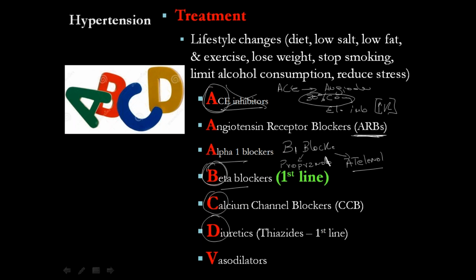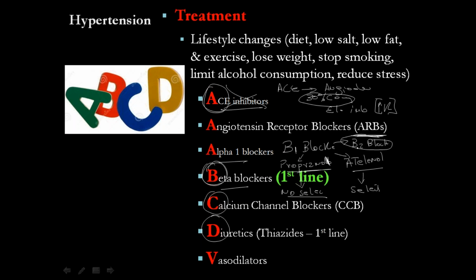Propranolol is nonselective, and atenolol is selective. Nonselective means that if you give a beta 1 blocker, it can also go and block beta 2.